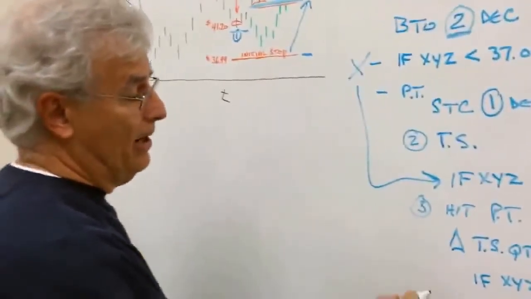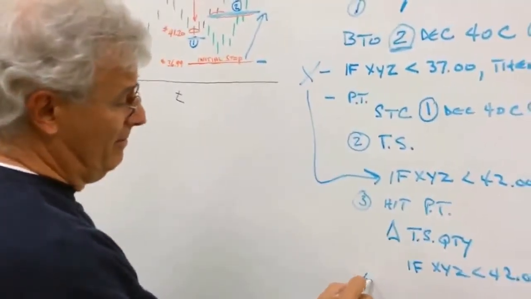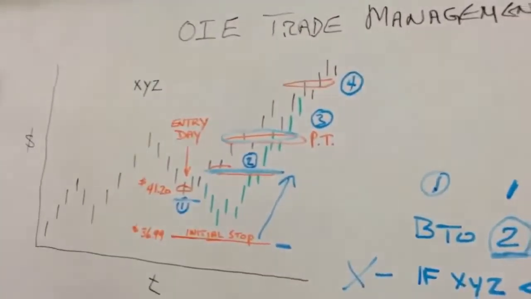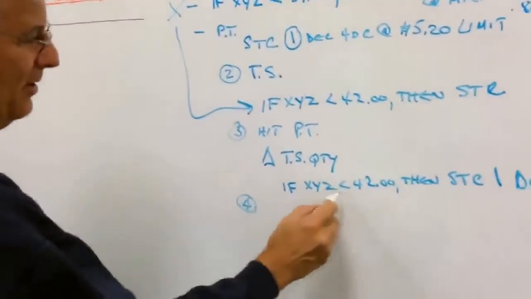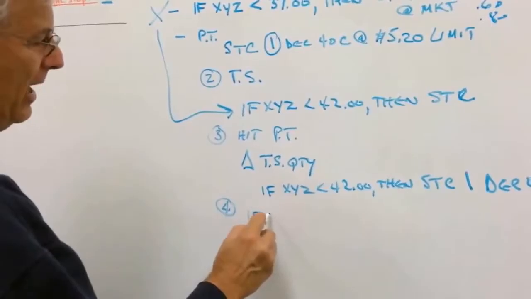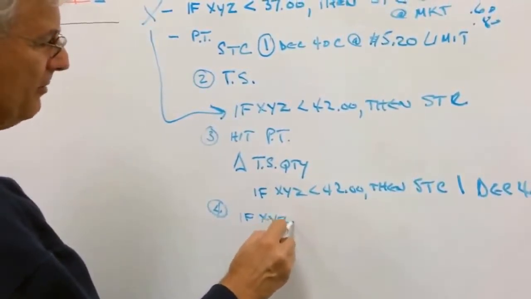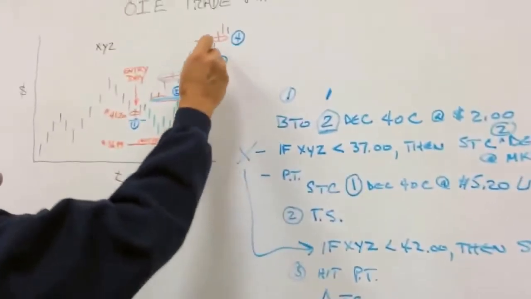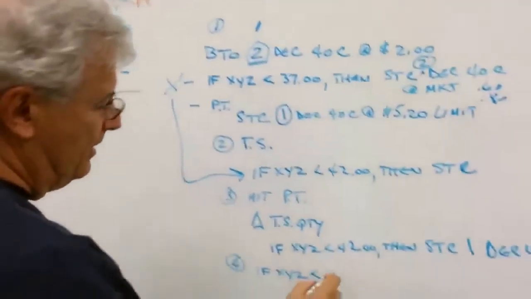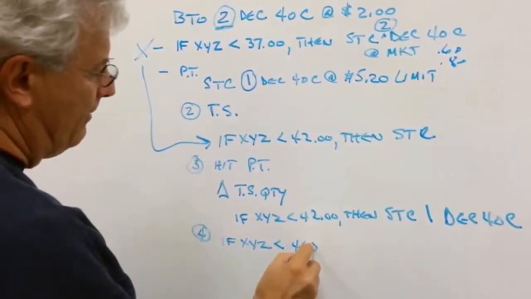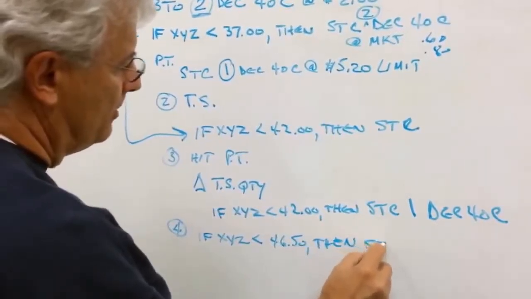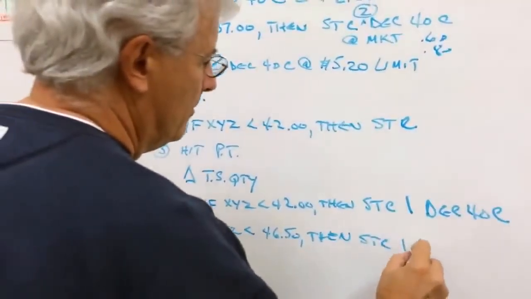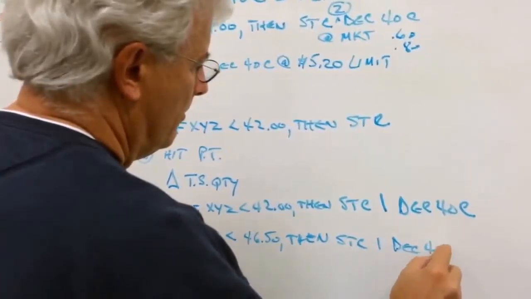Now the real exciting part is, if that's not enough excitement, at point 4, that second half position continues to make more and more money. And what will happen is the software will alert you to change the trailing stop to a higher level. And you just simply go in and say, if XYZ is less than now, let's say less than 46 and a half, then sell to close 1 December call at market.